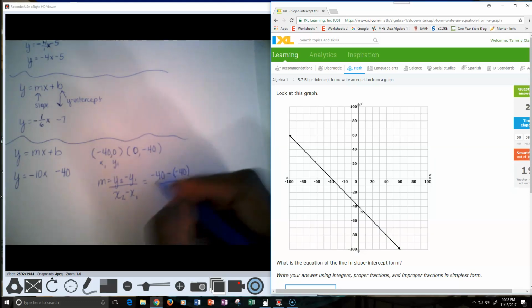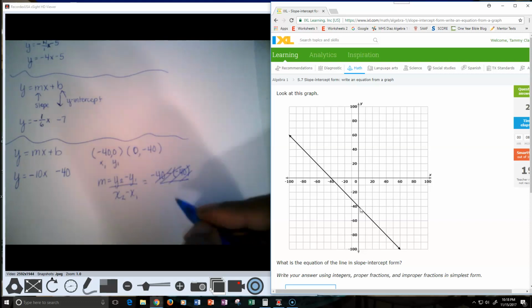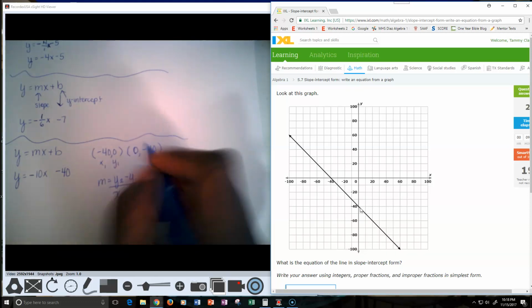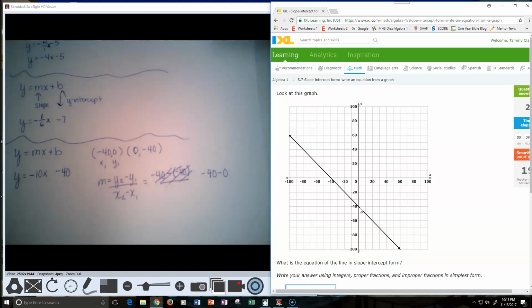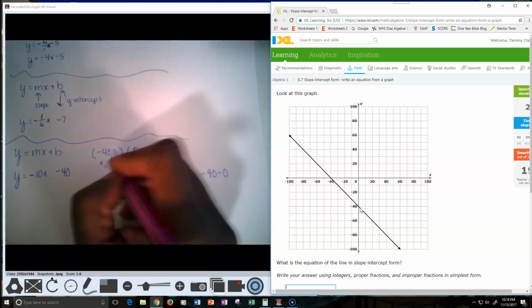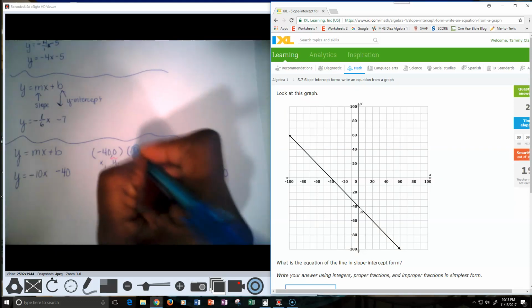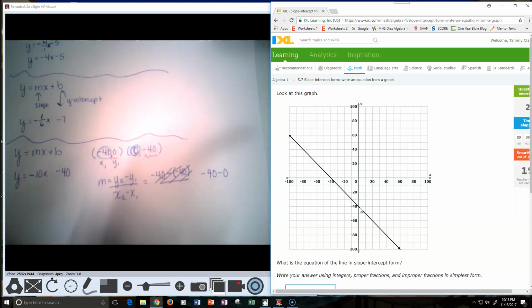I just noticed I did that wrong. It's actually negative 40 minus 0, and then we're going to do 0 minus negative 40.